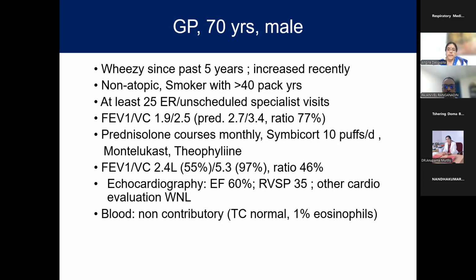Required prednisolone courses monthly. Symbicort is a combination inhaler, 10 puffs per day, that's humongous. Montelukast and theophylline added to the mix. Echo was okay, not that bad. But the blood total cell count was normal, with 1% eosinophils.